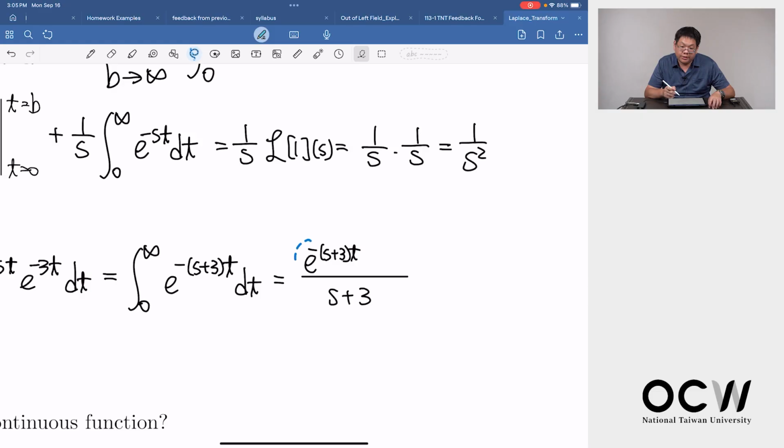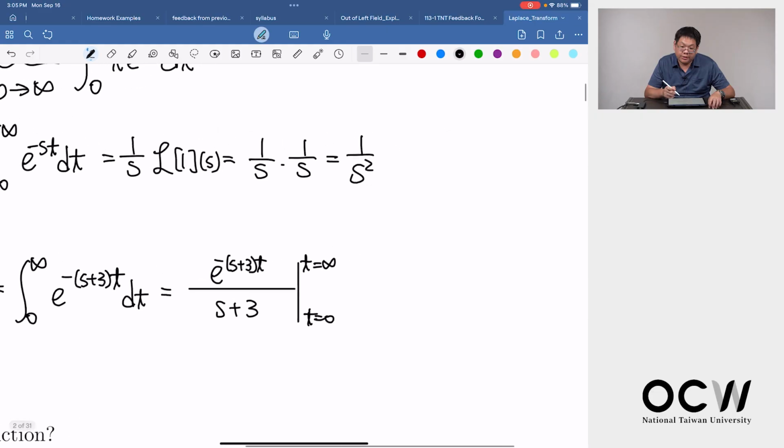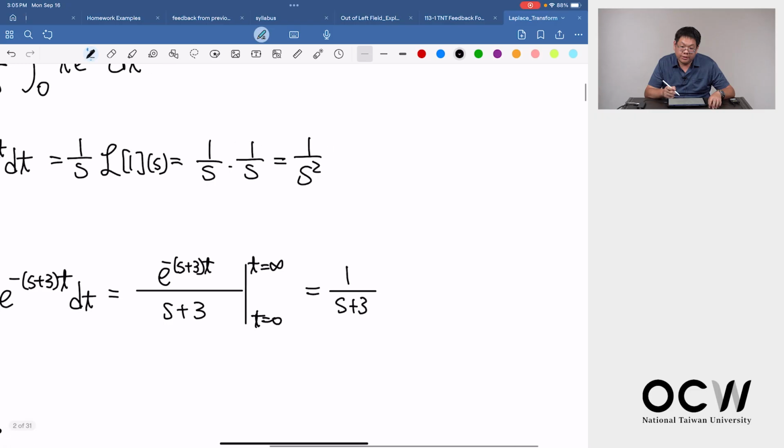And then you have e to the minus (s plus 3) times t divided by s plus 3, t from 0 to infinity. That gives 1 over s plus 3, s is greater than minus 3.